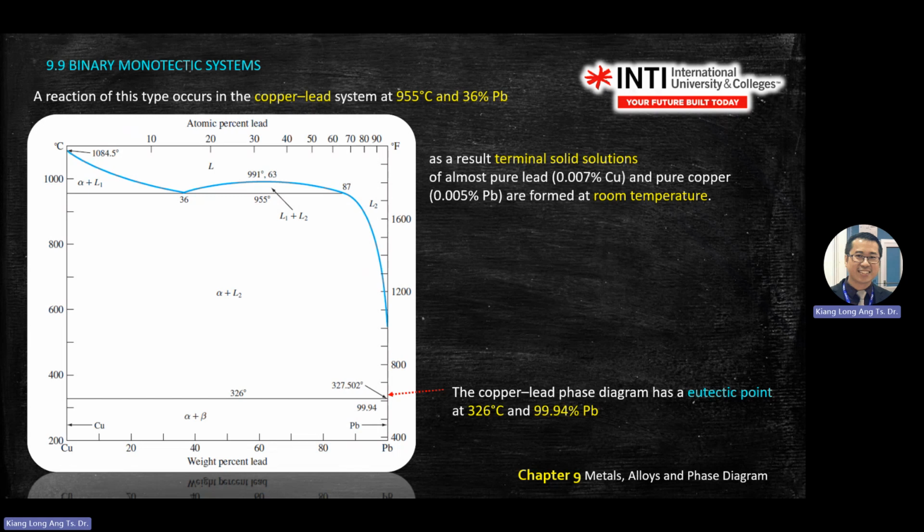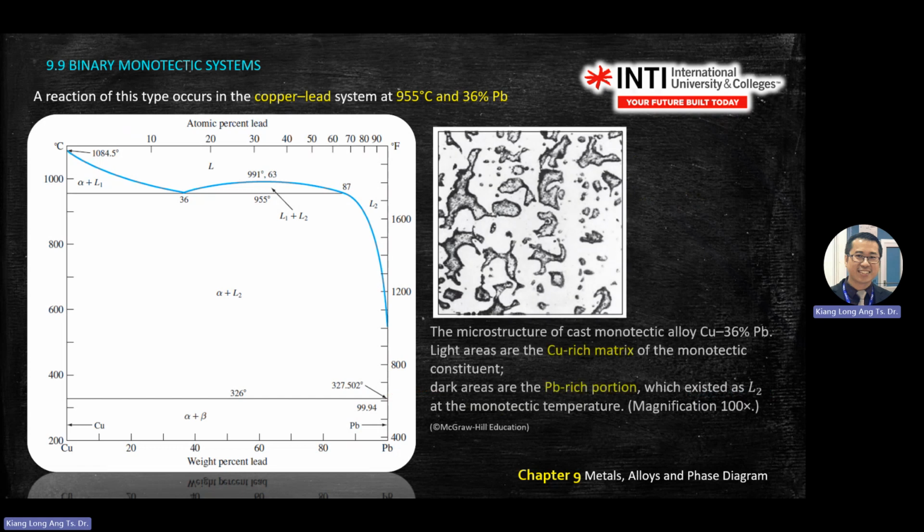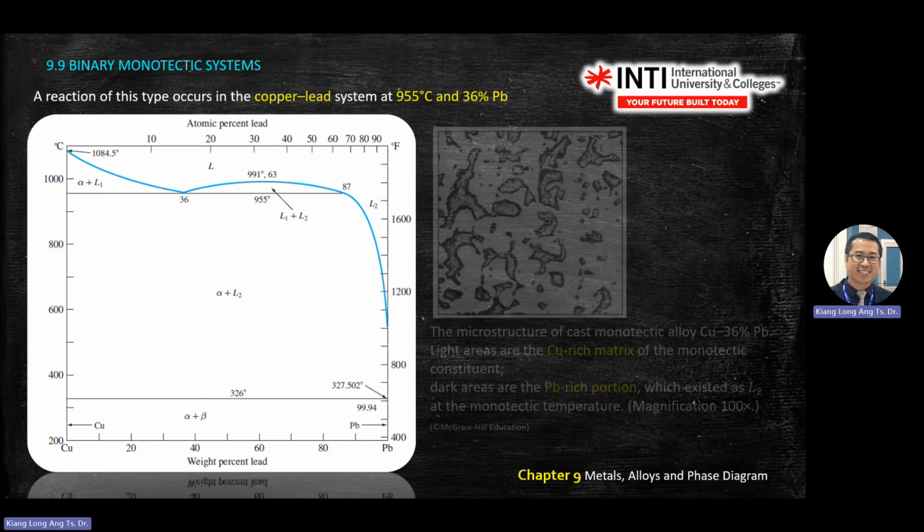This one, later you look at, bigger than C. So this is the microstructure of monotectic alloy. You only see one kind of copper.